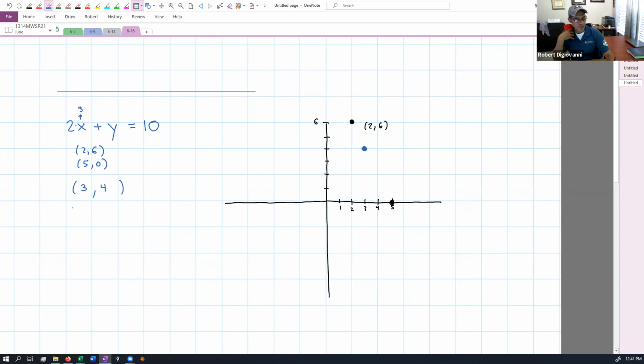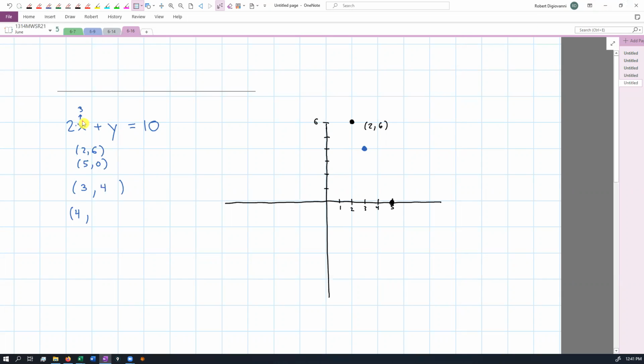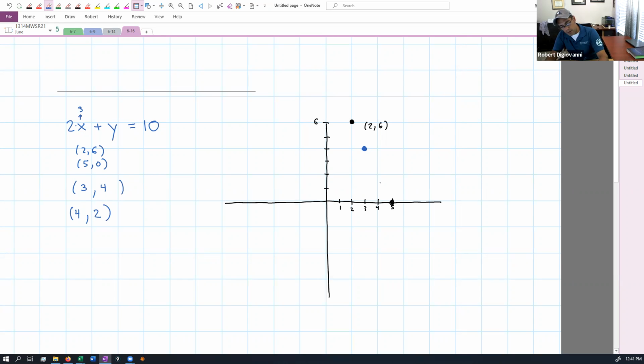How about if X is 4? What would Y have to be? Would Y be 2? So let's go to the right 4 and up 2. Is anybody noticing anything about all these answers?